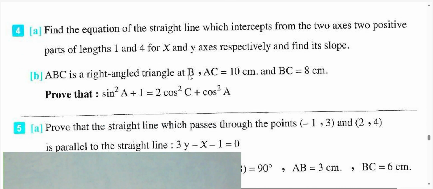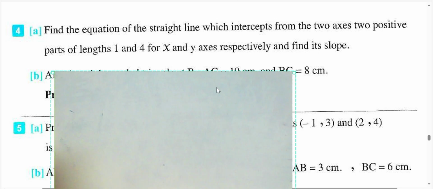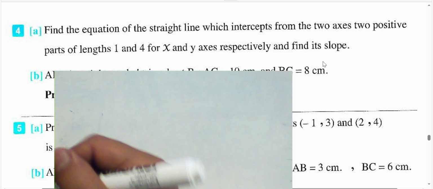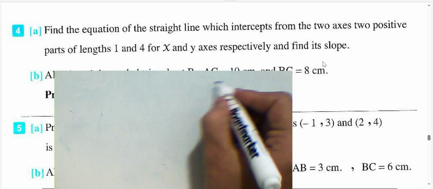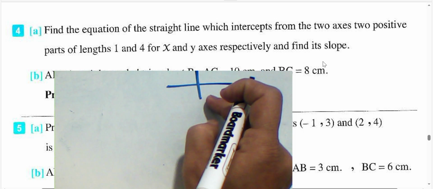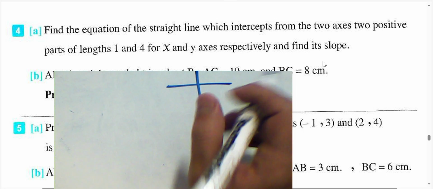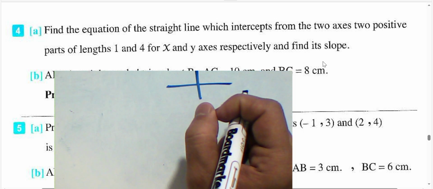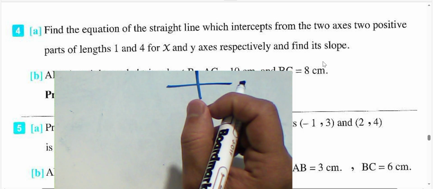Find the equation of the straight line which intercepts the two axes, two positive parts of lengths 1 and 4 for the x and y axis respectively. Find the slope. We have cut 1 part from x and 4 parts from y respectively.